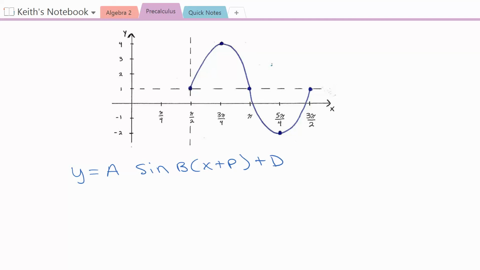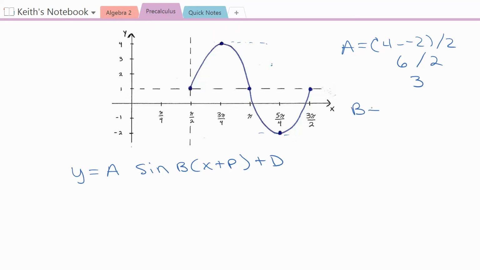This is where it's nice to have the dotted lines. First of all, the amplitude, the A: the top is 4, the bottom is -2. So you go 4 minus -2, divided by 2. So 6 divided by 2 is 3. That means A is equal to 3.